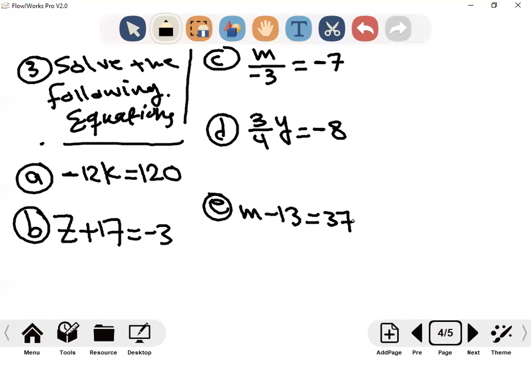And F, negative 14 equals negative 2L. Solve these questions. This is question 3, solve the following equations.